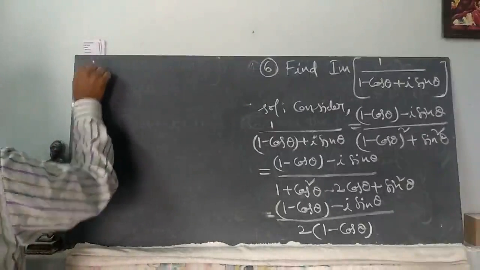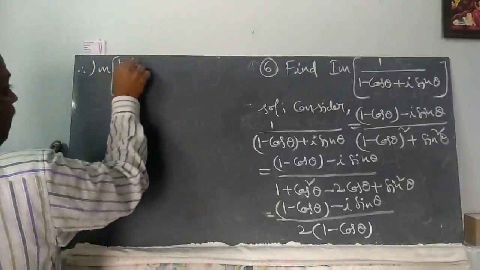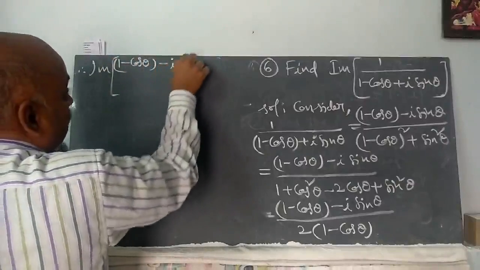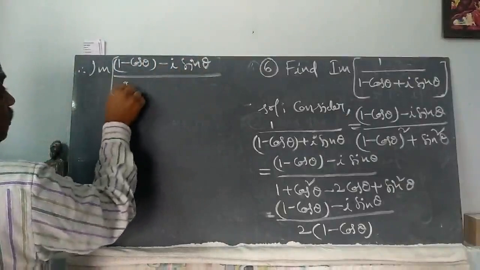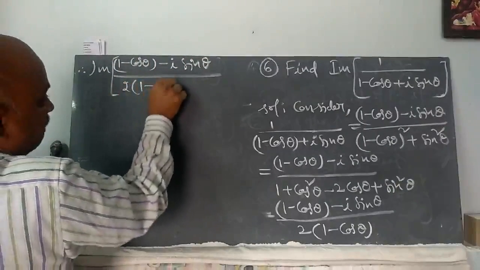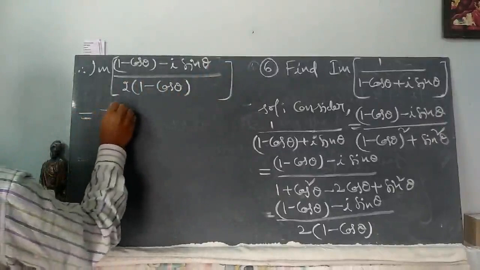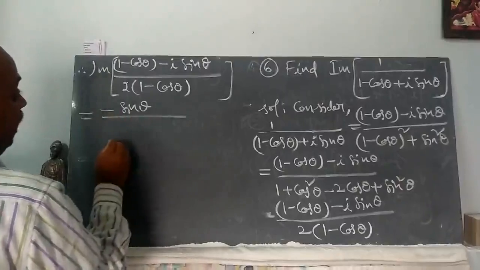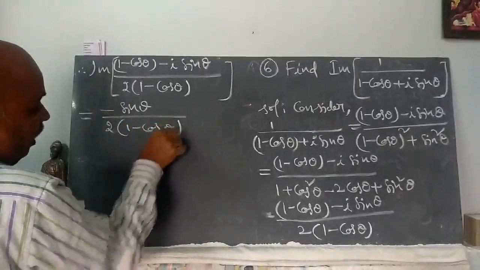Therefore, the imaginary part of 1 minus cos theta minus i into sin theta by 2 into 1 minus cos theta is equal to minus sin theta whole by 2 into 1 minus cos theta.